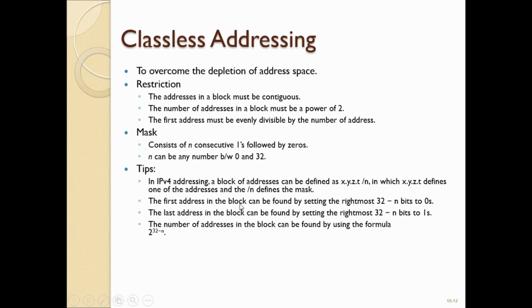The first address in the block can be found by setting the rightmost 32 minus n bits to 0, and the last address in the block can be found by setting the rightmost 32 minus n bits to 1s. The number of addresses in the block can be found using the formula 2 to the power 32 minus n.